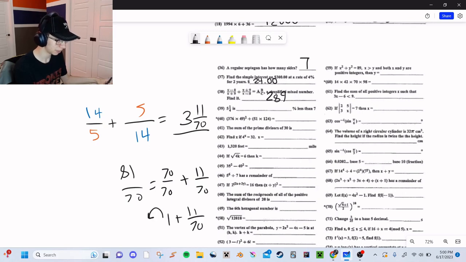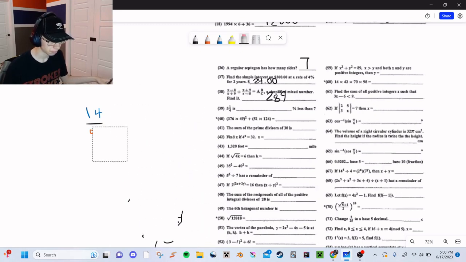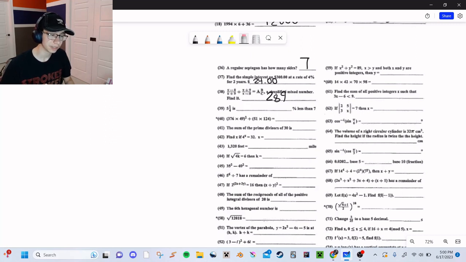We're transferring that 1, adding that 1 to the 2 that was in front originally, turning it into a 3. So 3 and 11 70ths. So the way you know what to do is if you see that the difference of the two numbers squared is greater than the product of your two numbers.